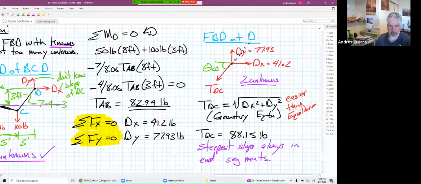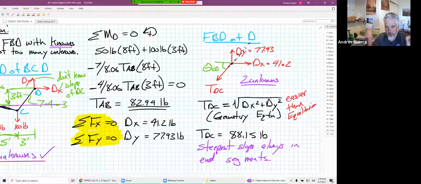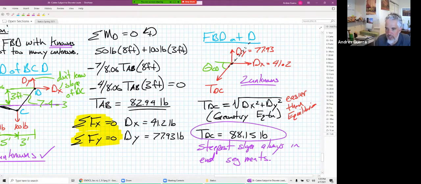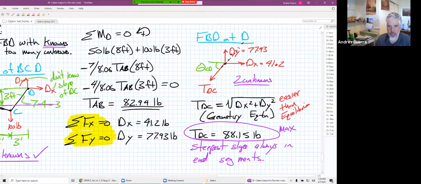It's physically impossible for it to be in the middle, because when you put a load somewhere, it pulls the rope down such that the steepest slope will always be at those end segments. So then all we have to do is compare TAB and TDC. That means that this one is the maximum. So our T max is TDC, by just comparing with our TAB over here.